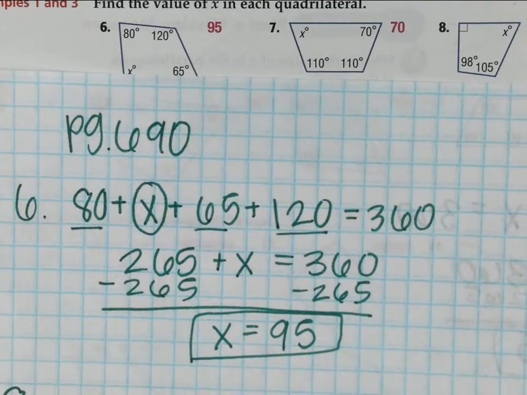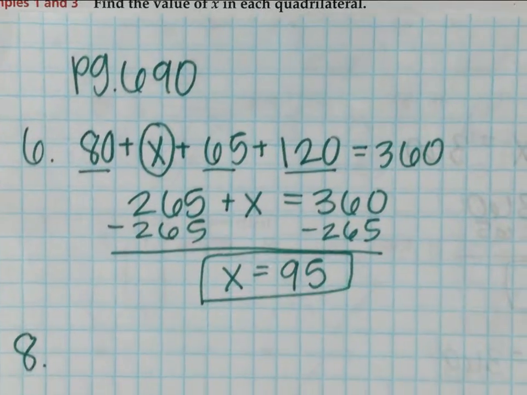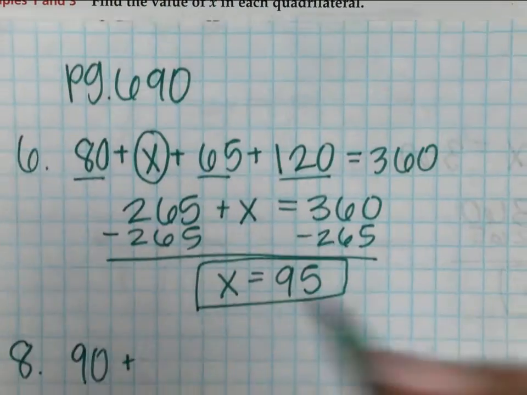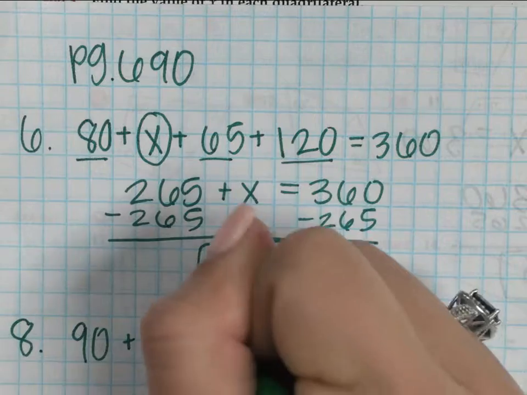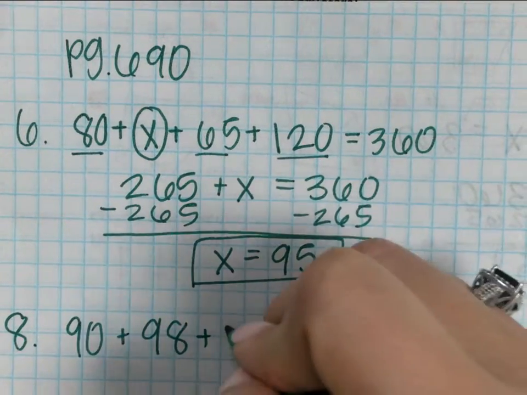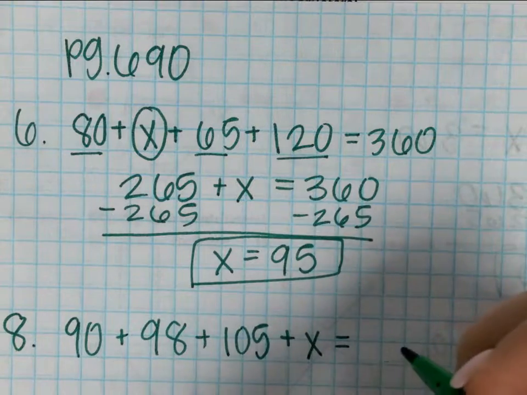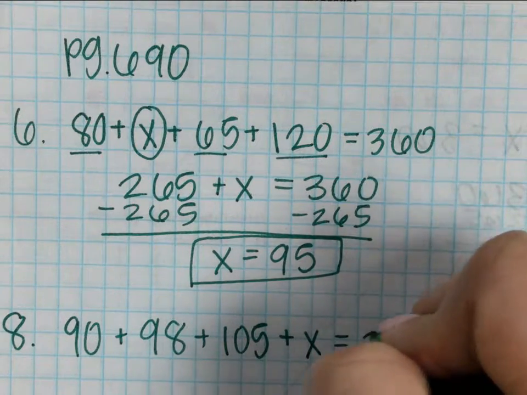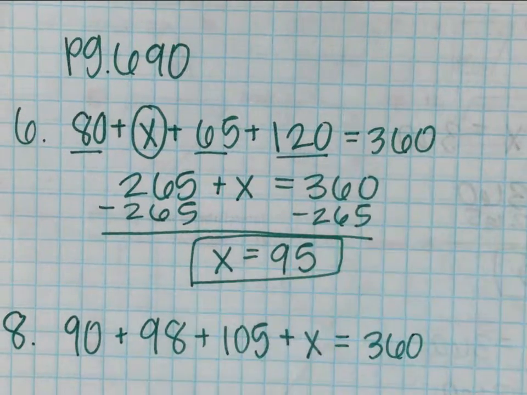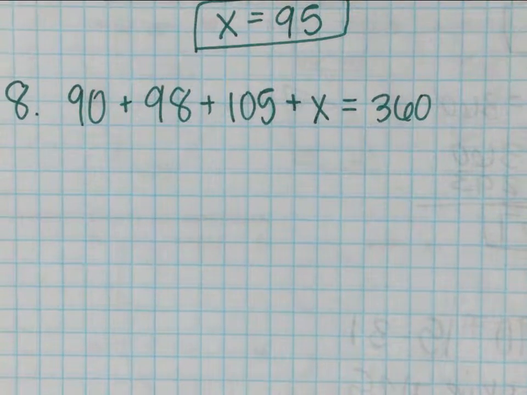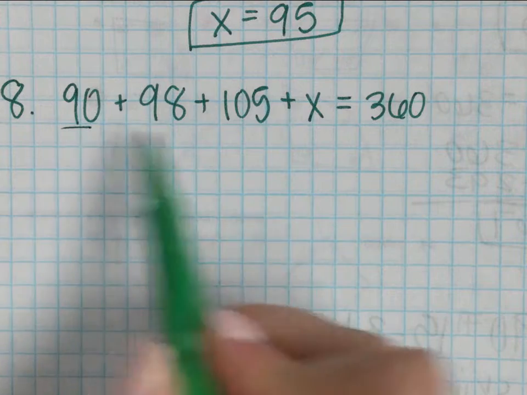So when I write out my equation, that means I've got 90 plus 98 plus 105 plus x, and all of that equals what? 360. Okay. From there, I need to add up all my numbers.